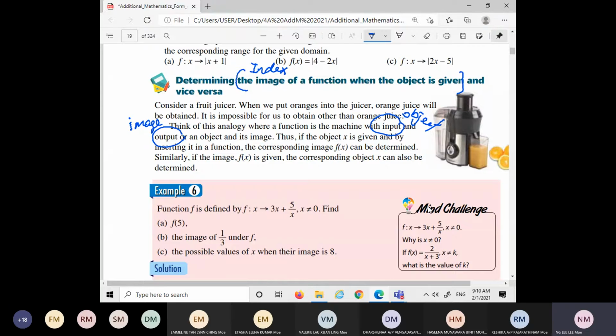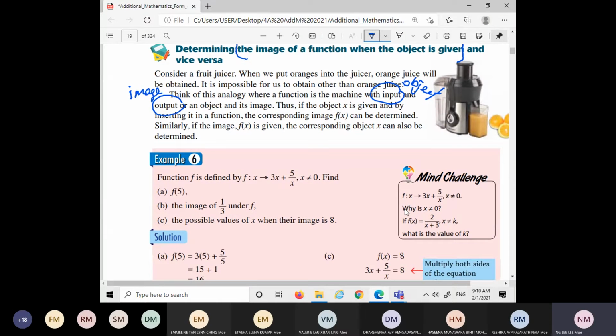Okay, continue. We straight away look at this example 6. Function f is defined by f(x) = 3x + 5/x, where x is not equal to 0. Before that, we look at this. Why is x not equal to 0?